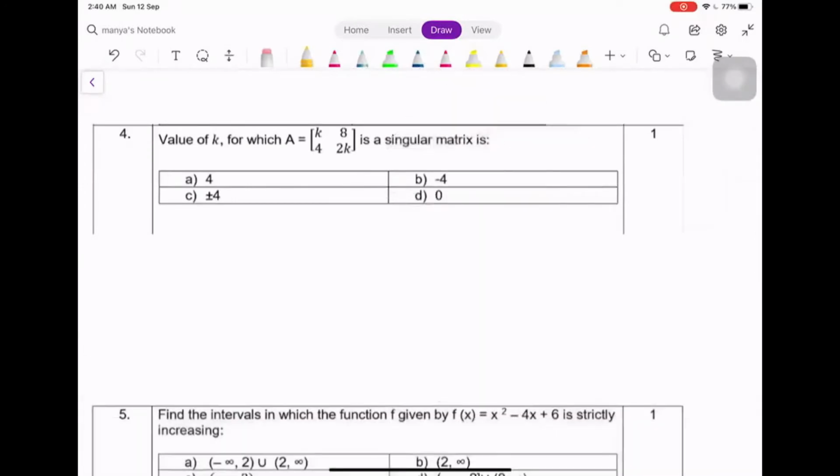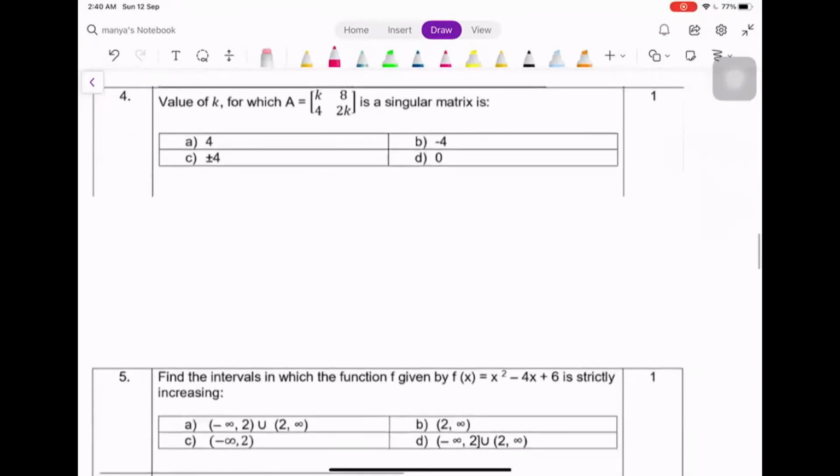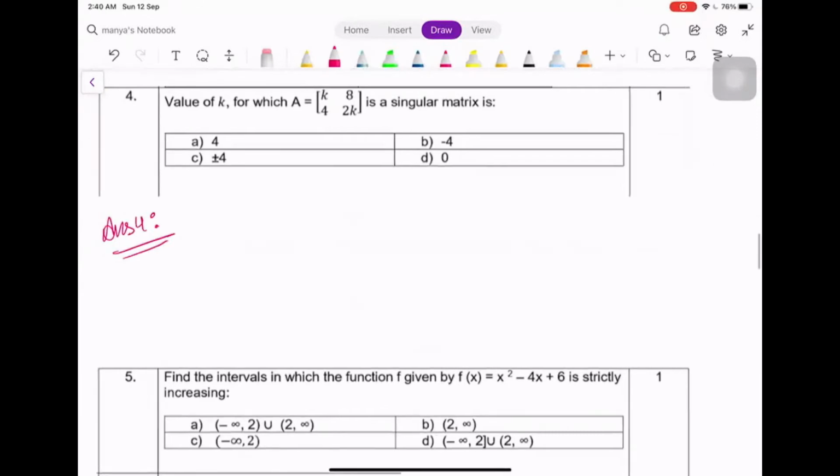We are going to solve 10 questions in this part of sample paper solving, and the next 10 questions in another part. So question 4 says: for what value of k is A a singular matrix? A matrix whose determinant is 0 is a singular matrix.